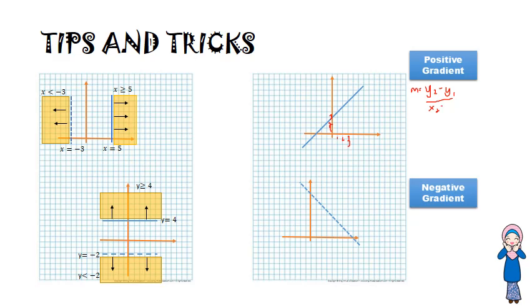Or if you have the x-intercept and y-intercept, another simple formula is the negative of the y-intercept over the x-intercept. You need to have the negative in front, so remember, negative y-intercept over x-intercept.